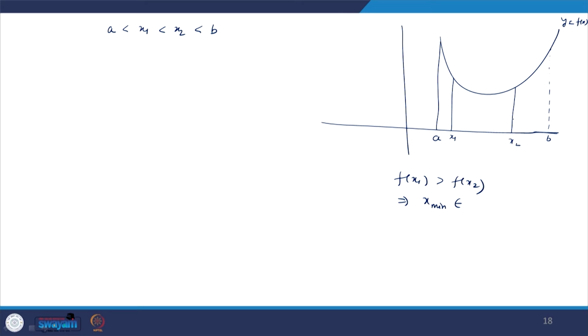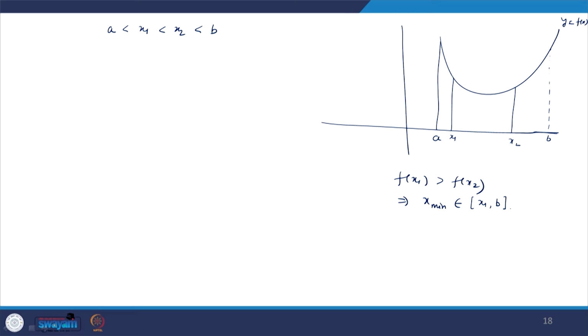Now, this x2 may be here also, so f(x1) is less than f(x2) there, and the point may be here also. So we can say that the minimum belongs to [x1, b], because x1 cannot be here. If x1 were here, since x1 is less than x2, the function would be increasing, so this inequality will not hold.